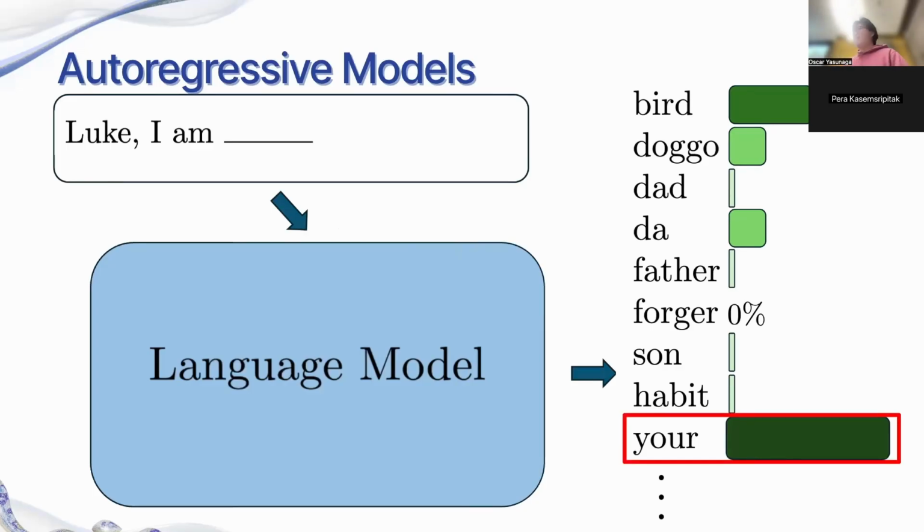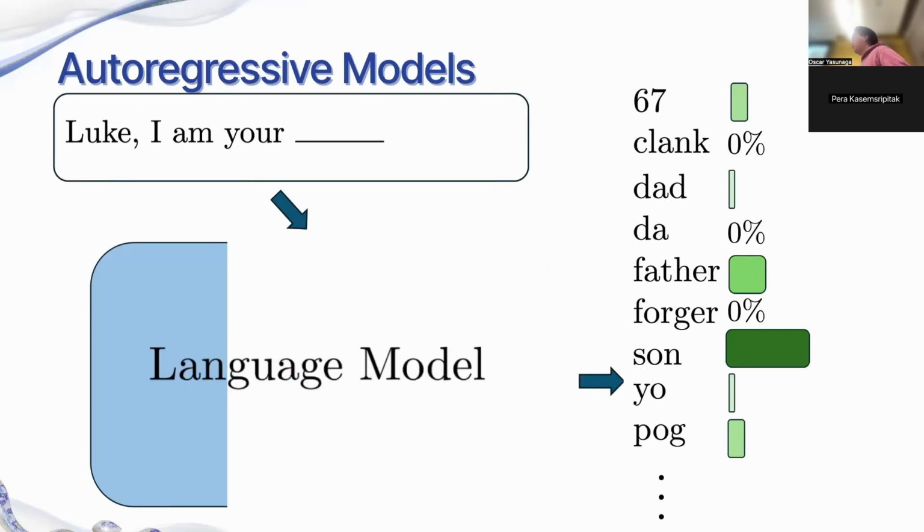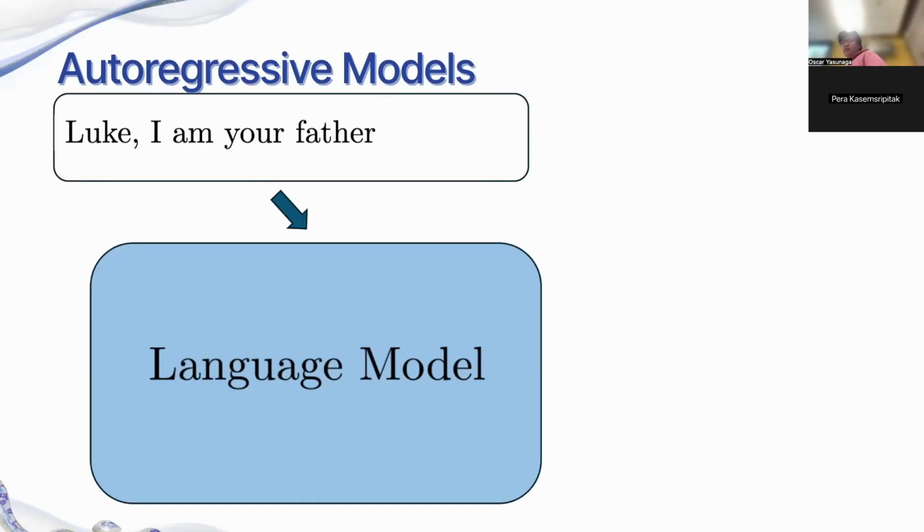Once you have the token with the highest probability, you sample from this distribution and add that token. This is called greedy decoding. Then you repeat this process of generating the next token until you get an end of sequence token, which tells the language model to stop generating.